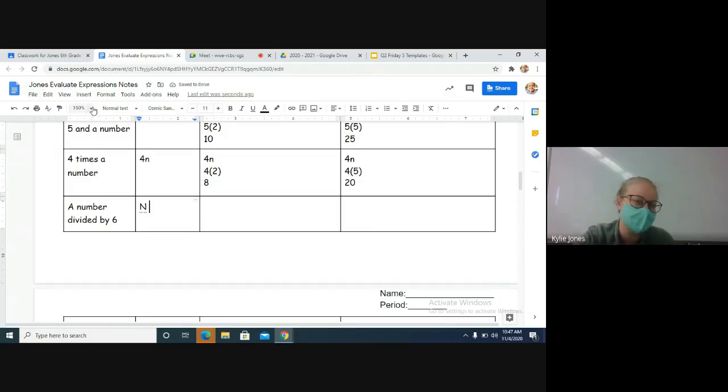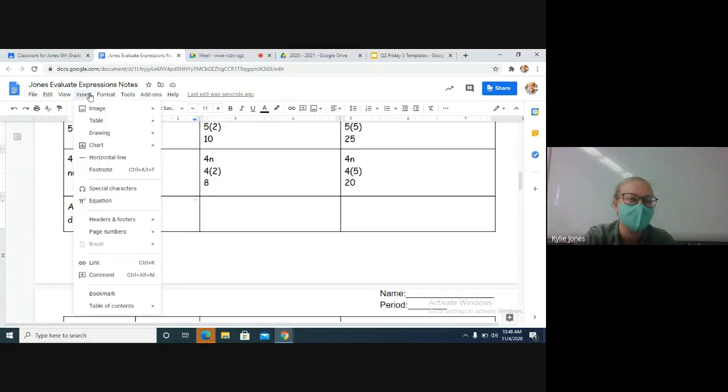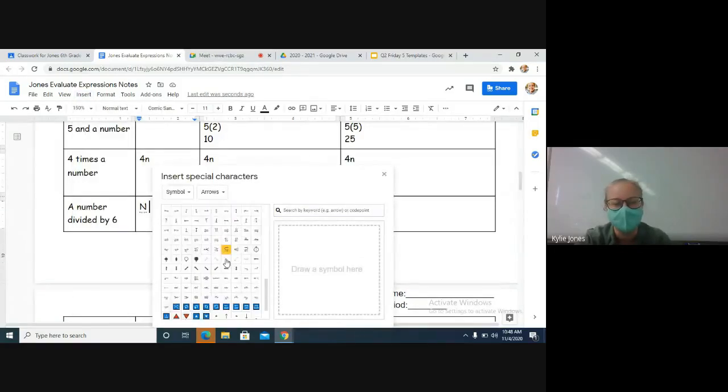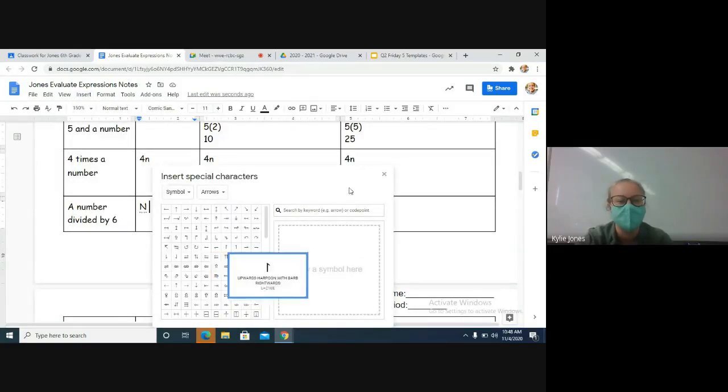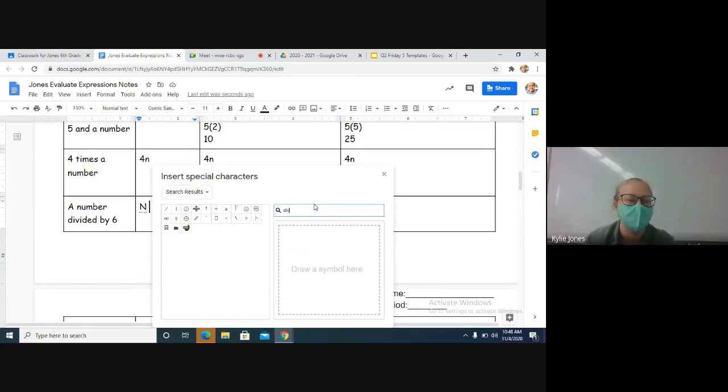To insert a division sign, you go to Insert up at the top, and then you go to Special Characters. So Insert, Special Character, and then it gives you all of these options. There's a ton on here. In order to find it, you look at the search part and you type in div, because that starts the word divide, and then it should pop up.